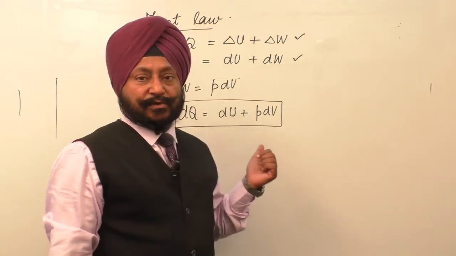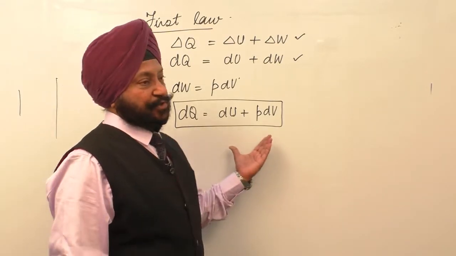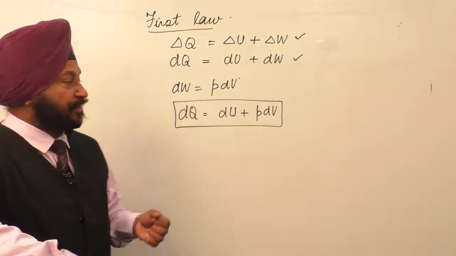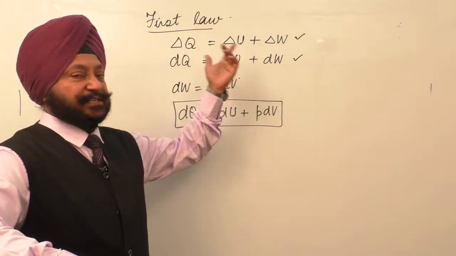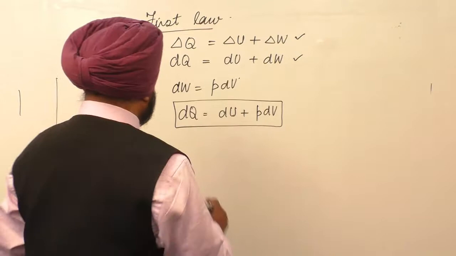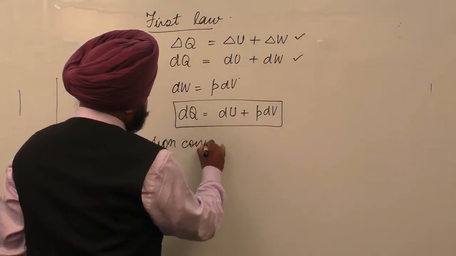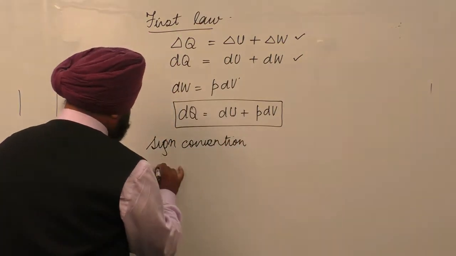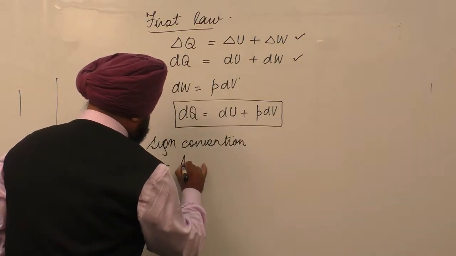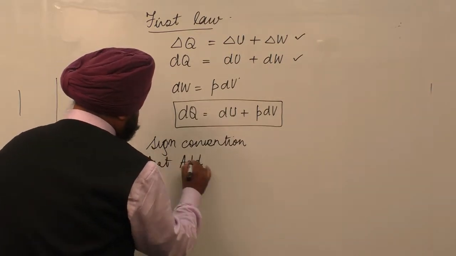Talk about dQ. So the mathematical form of the first law is this. Three terms we see here: the heat supplied, the internal energy, and the work done. Now what is the sign convention we use as far as physics is concerned for thermodynamics?